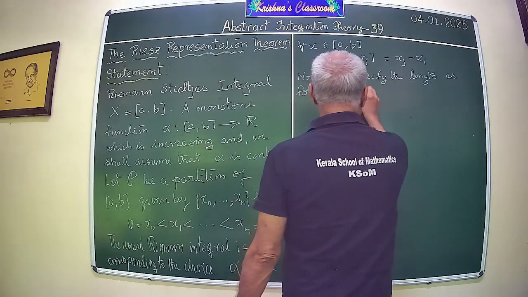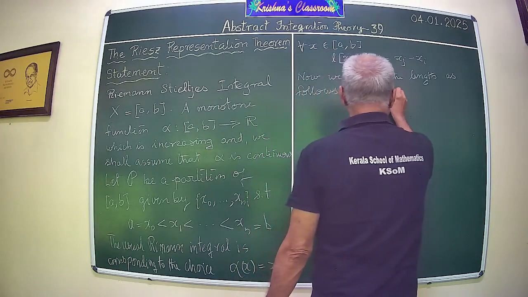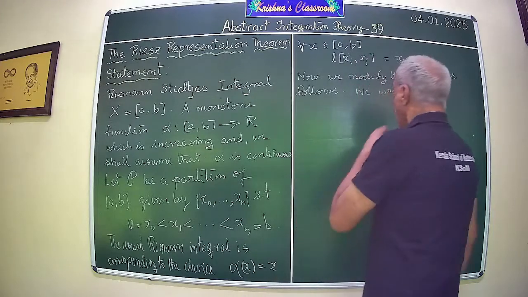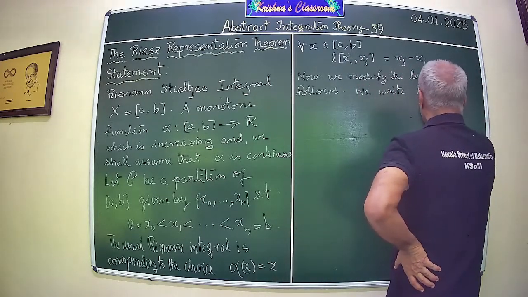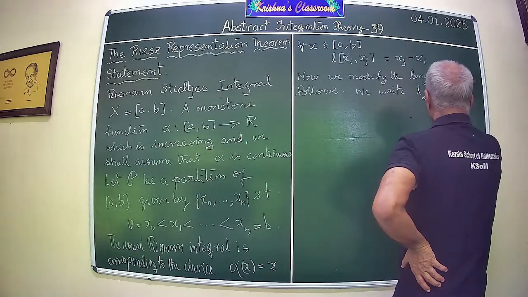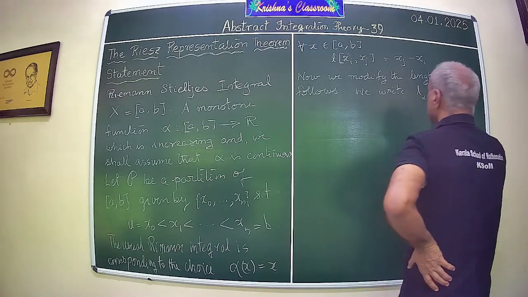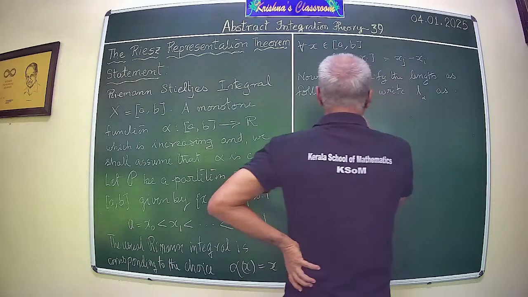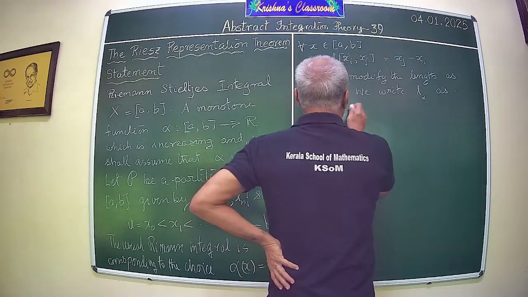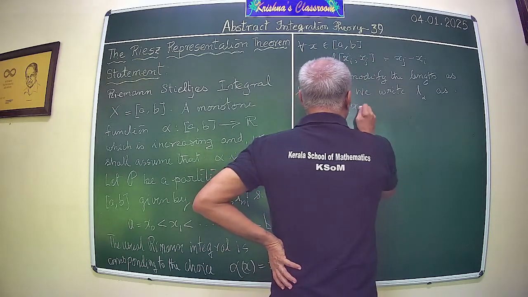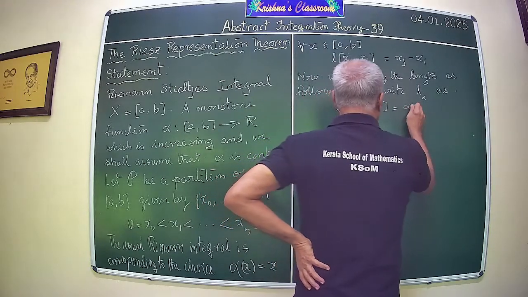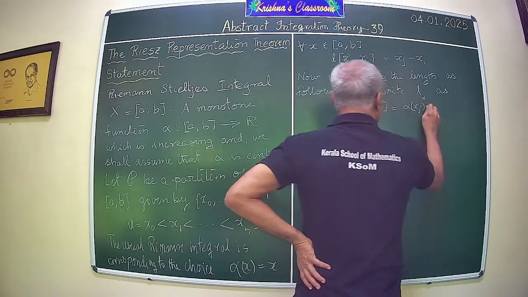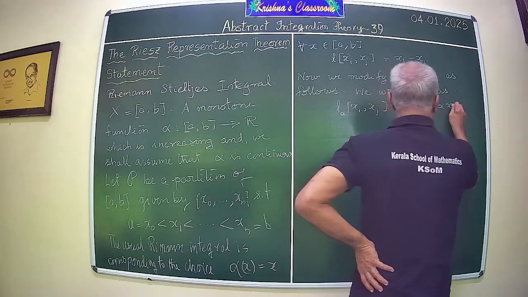We write the alpha-based length L alpha of the interval as alpha of xj minus alpha of x(j-1).